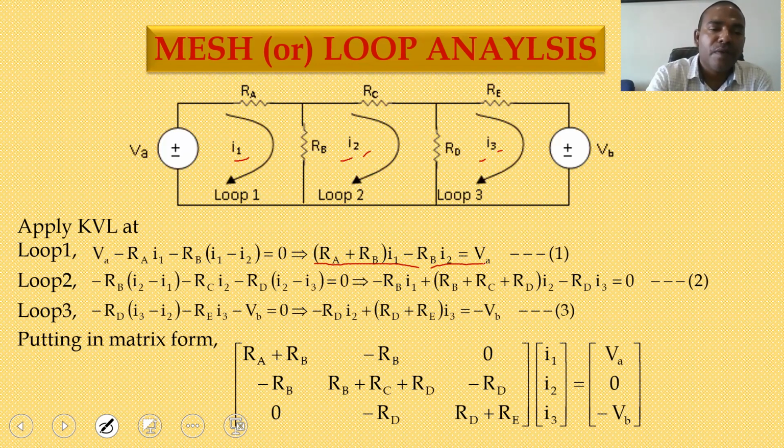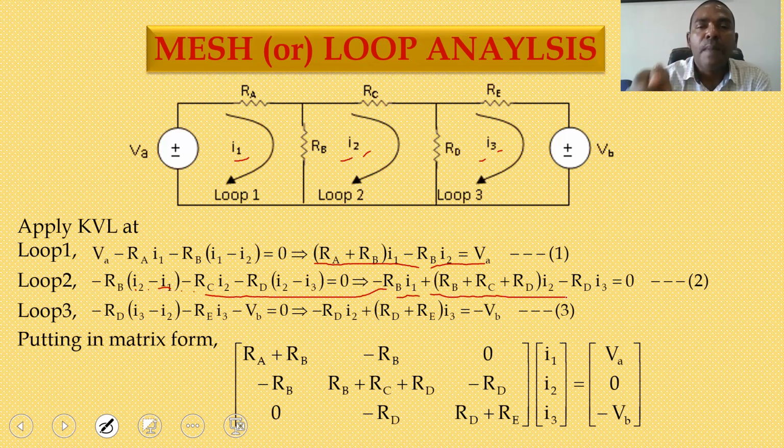The algebraic sum of the voltages in a closed path must be equal to 0. Finally, after simplification, you get minus RB into I1 plus (RB plus RC plus RD) into I2 minus RD into I3 is equal to 0.